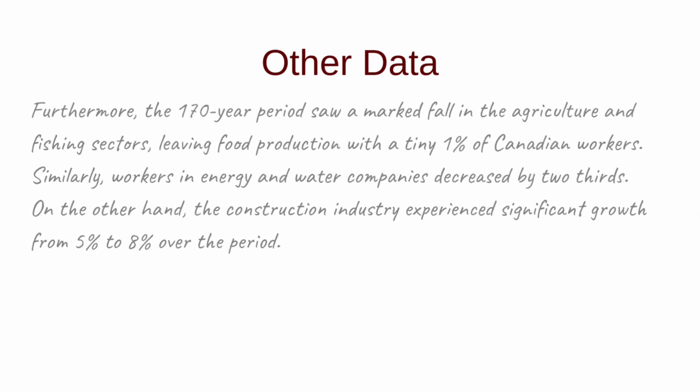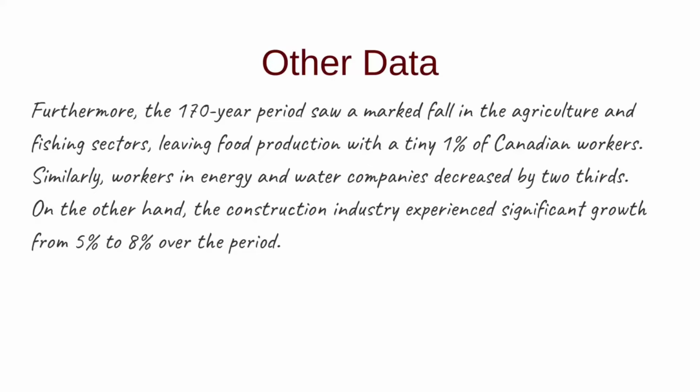Okay, so our next paragraph is going to look at the rest of the data, the less obvious data we didn't include in the previous paragraph. For our next paragraph, I have written this.